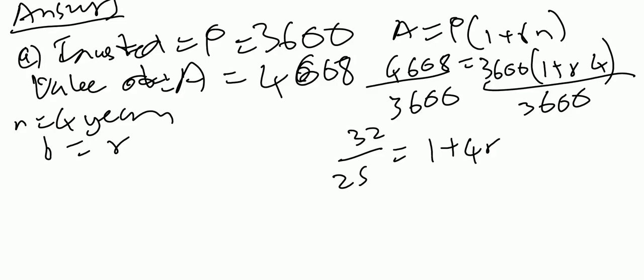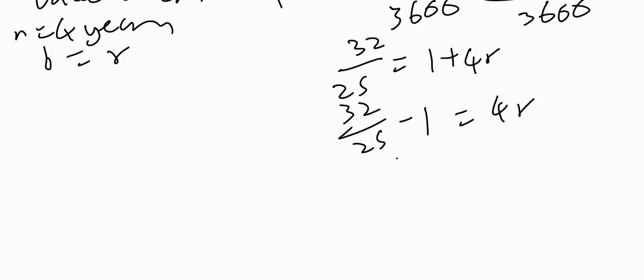Then we transpose 1: 32 over 25 minus 1 is equal to 4R. After we subtract 1, you are going to have 7 over 25 is equal to 4R. Then we divide by 4 on both sides.